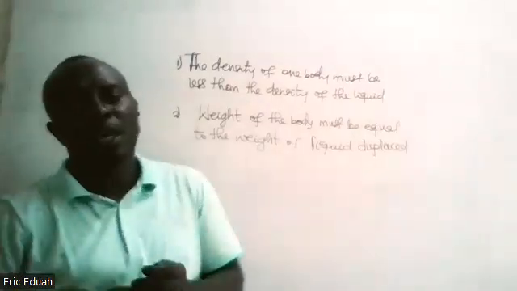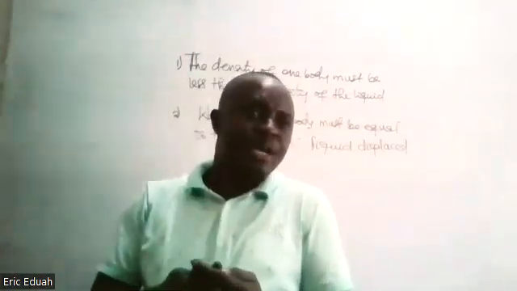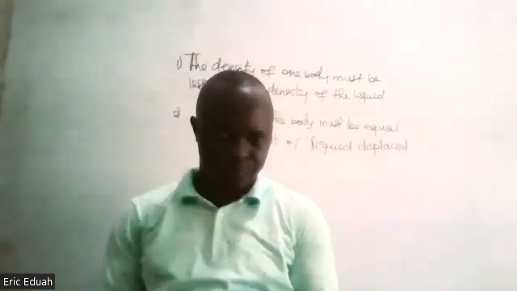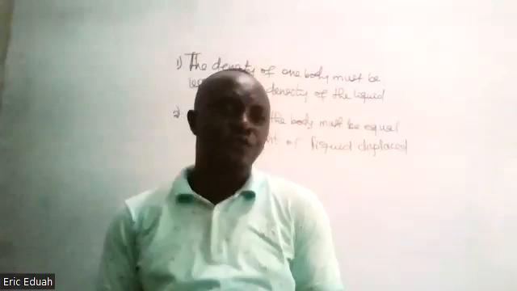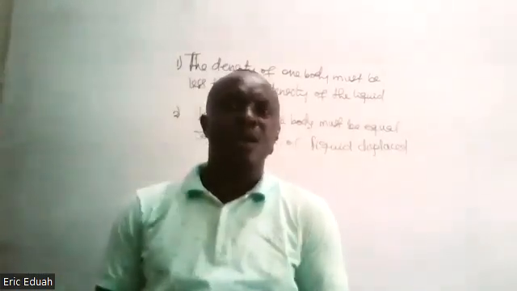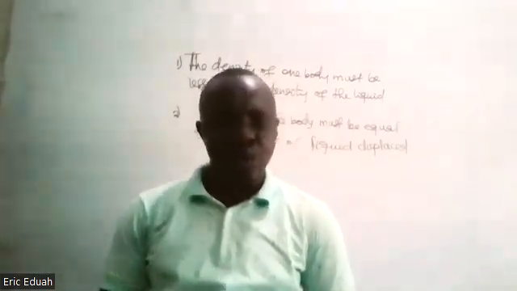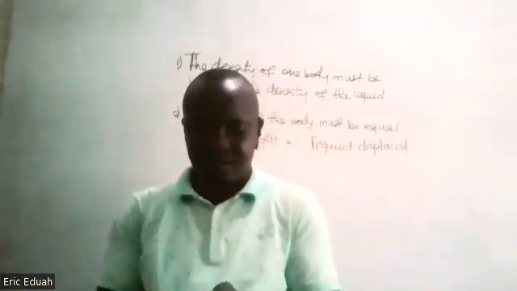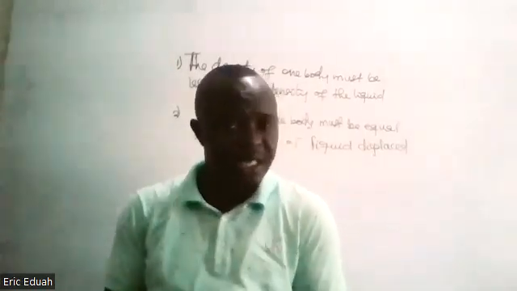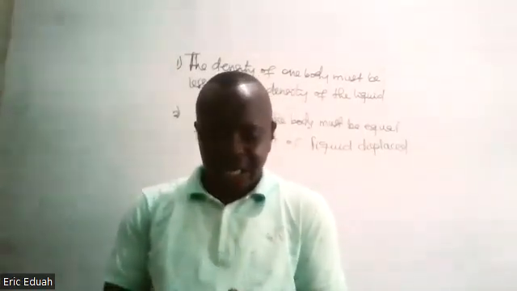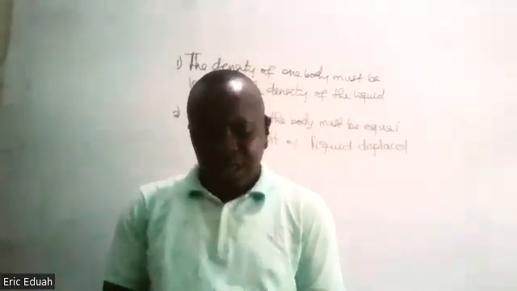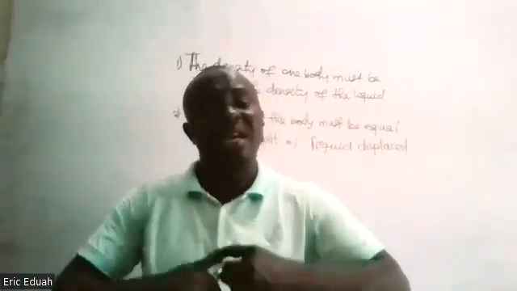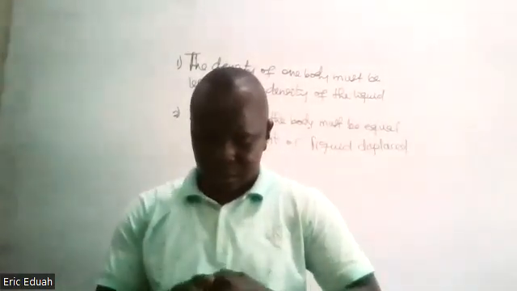So if Mr. Abia is put in a water medium or in a pool, it means that for me to float, my weight must be equal to the weight of the liquid I displace, or the upthrust acting on my body. If that equality is not achieved, I can't float. That is what it means.